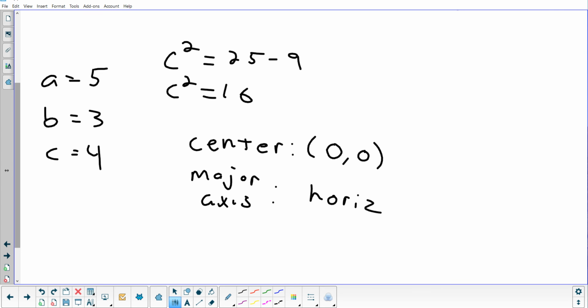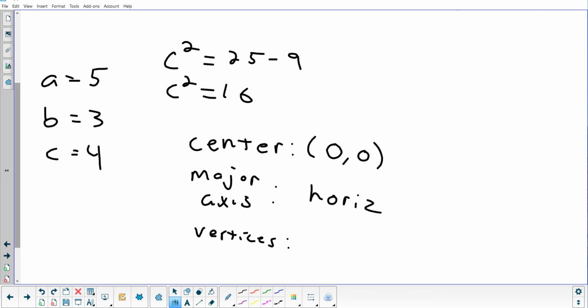What else? We want to find the vertices. What letter tells you how far away the vertices are from the center? Yeah. A. In this case, what's A? 5. So are my vertices 5 units left and right of the center, or 5 units above and below?